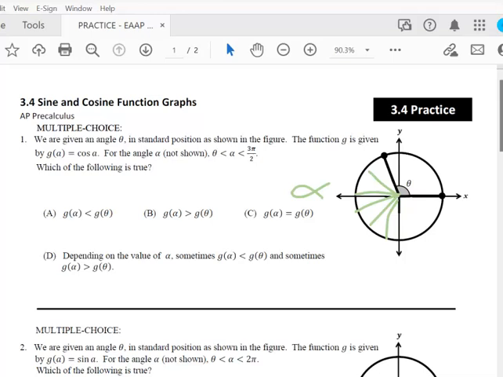So this is the x coordinate that goes along with our green angle, is less than the x coordinate that goes with our given angle, which is over here. Well, think about it. Let's take a look at this. Now, keep in mind, if this statement is true, it has to be true every single time.